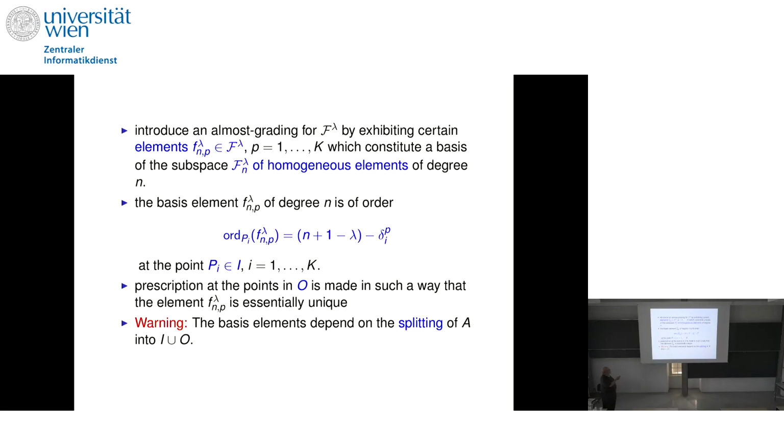And p just indicates the points, 1 up to k. Maybe I should have written down what k is. k was the number of incoming points. So they are numbered by the incoming points, not by the number of all points. Only the incoming points will appear in this labeling.